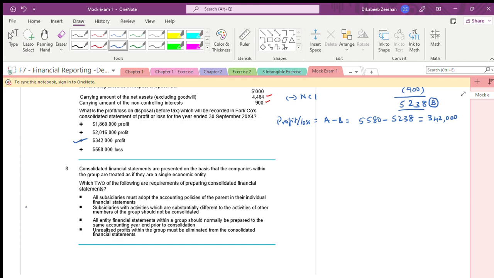Consolidated financial statements are presented on the basis that companies within the group are treated as if they are a single economic entity. Fine, good. Which two of the requirements are for preparing consolidated financial statements? Now you tell me.